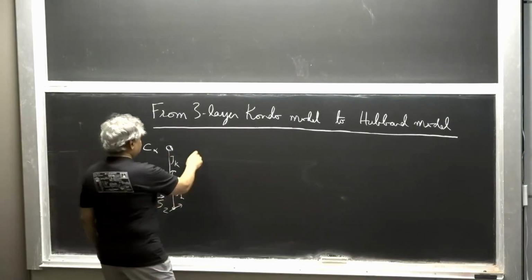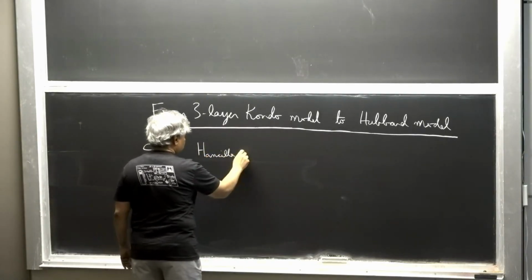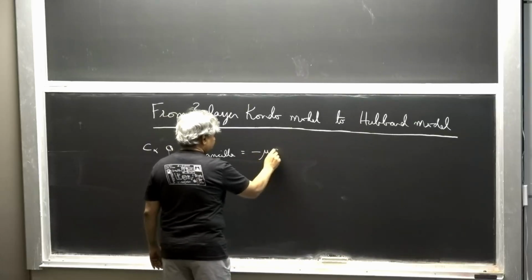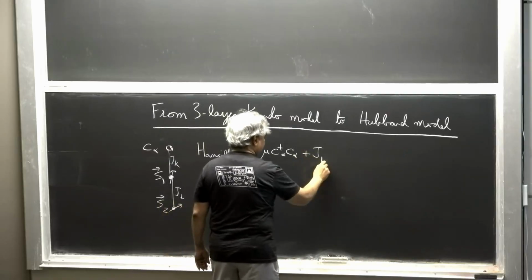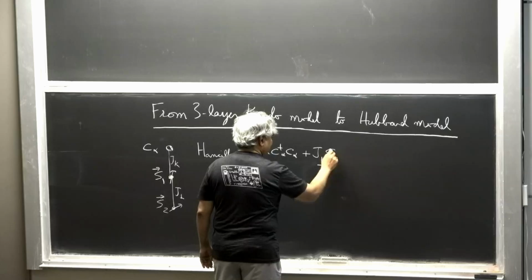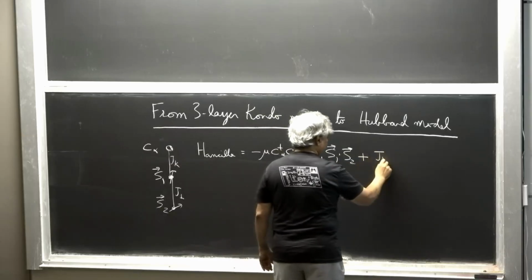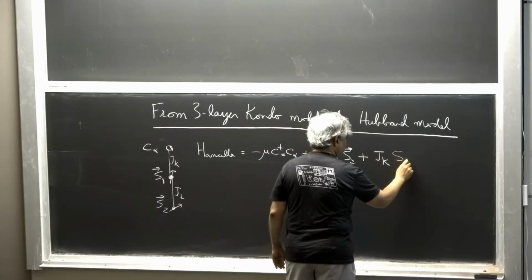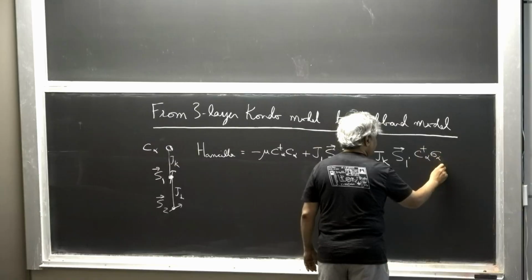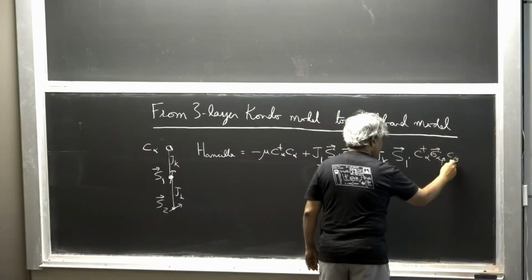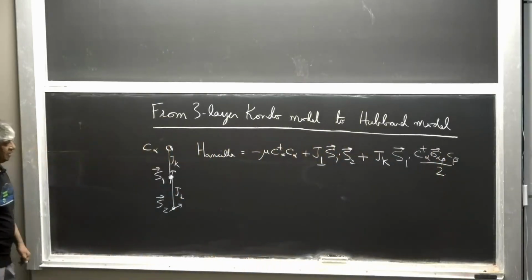So my Hamiltonian, H ancilla, is some chemical potential, C dagger alpha, C alpha, plus J perp S1 dot S2, plus J Kondo, which will be S1 dot C dagger alpha, sigma alpha beta, C beta. Okay, so that's my Hamiltonian.